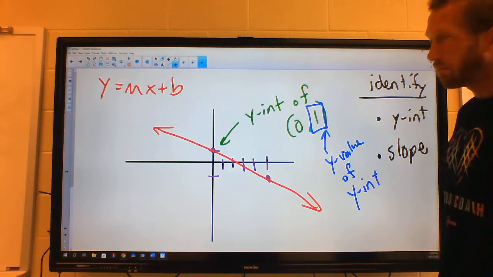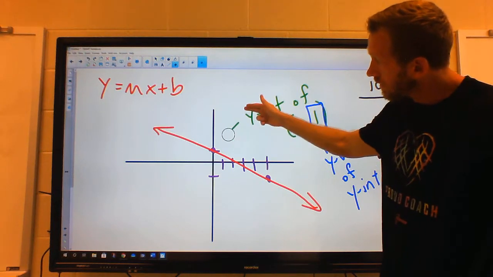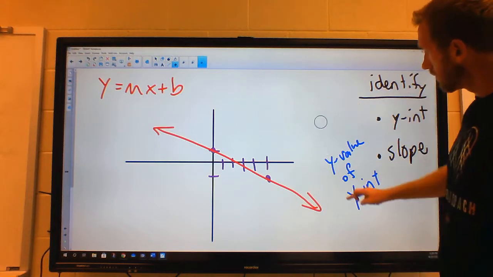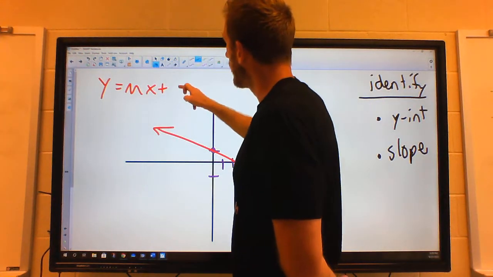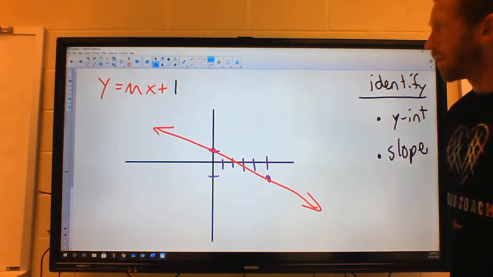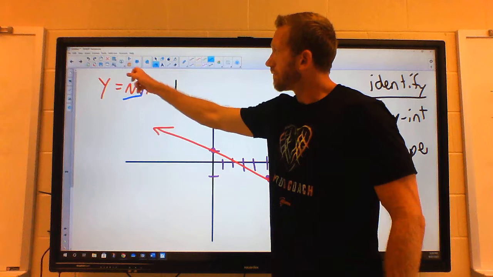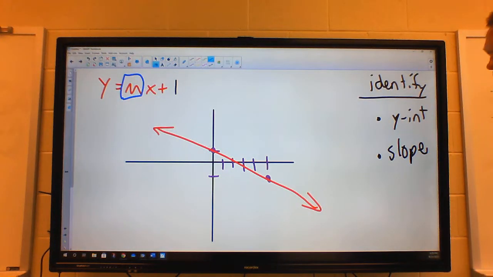And we already know what the b value is. It's the height of 1 where it crosses our y-axis. Hopefully this is helpful. So substituting in for b, the value of 1. Okay. Now we want to find the slope. Okay. That's the second item we were trying to find.